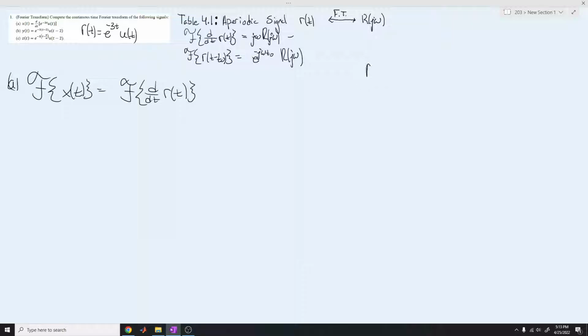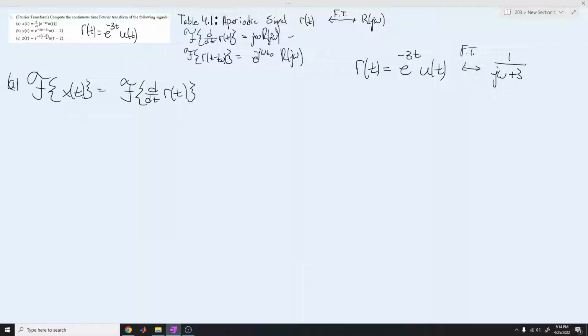Now, if r of t is equal to e to the negative 3t u of t, you can find that on your table. That fits perfectly. That's going to give us a Fourier transform, and this is one that you should have in your head for future classes. It's going to be 1 over j omega plus 3. So this is the Fourier transform of that.